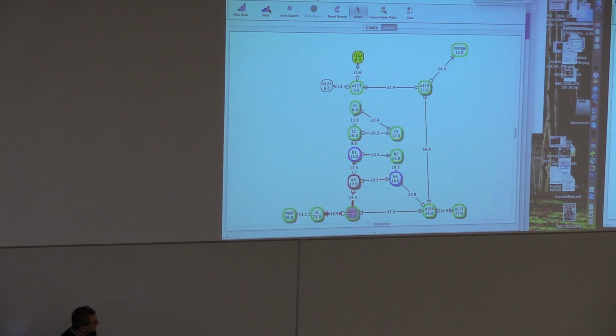Oh, my finger's hurting. Where's this going? Step. Oh, well, I'll put it on auto search. You can do the stepping for me. And it does it in.